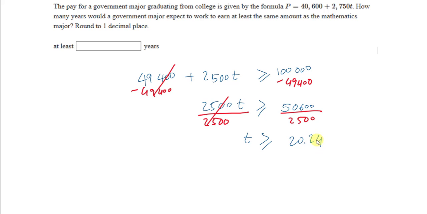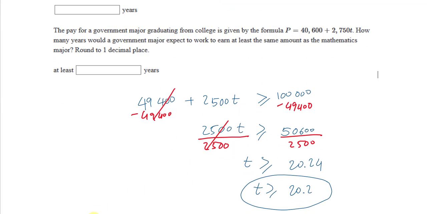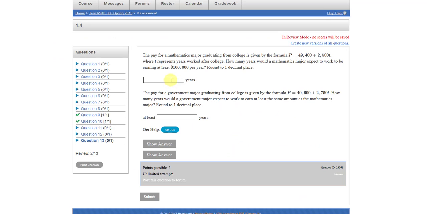Number 4 is less than 5, so we don't round it up. We just keep it at 20.2 for T. Okay. So at least 20.2 years.